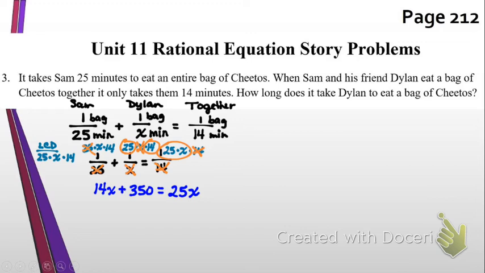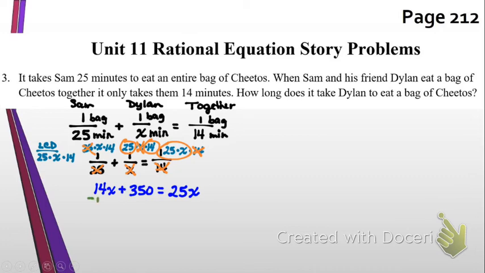So how do I do this? It's a little bit different than before. I can subtract 350 from both sides. I get the x's to the same side first if I want to. How would I get the x's to the same side if I wanted to do that first? So it's equal to 0. I can set it equal to 0, but I can do it in just one step.